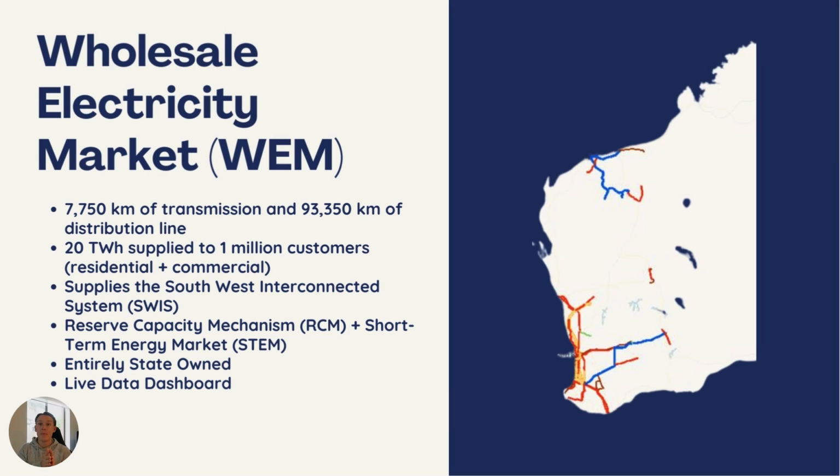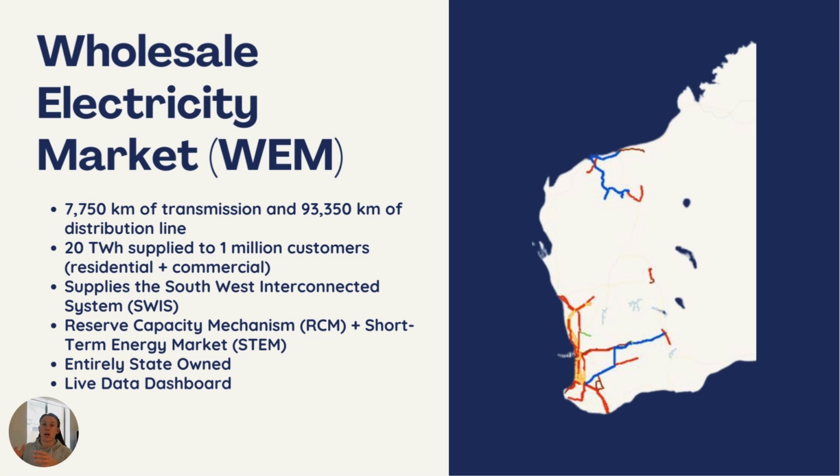So we've had the NEM, now we're moving into the WEM, which is the wholesale electricity market. As I said before, it is essentially Western Australia's version of the NEM, but mainly that southwestern interconnected system, that bottom western corner of Australia.